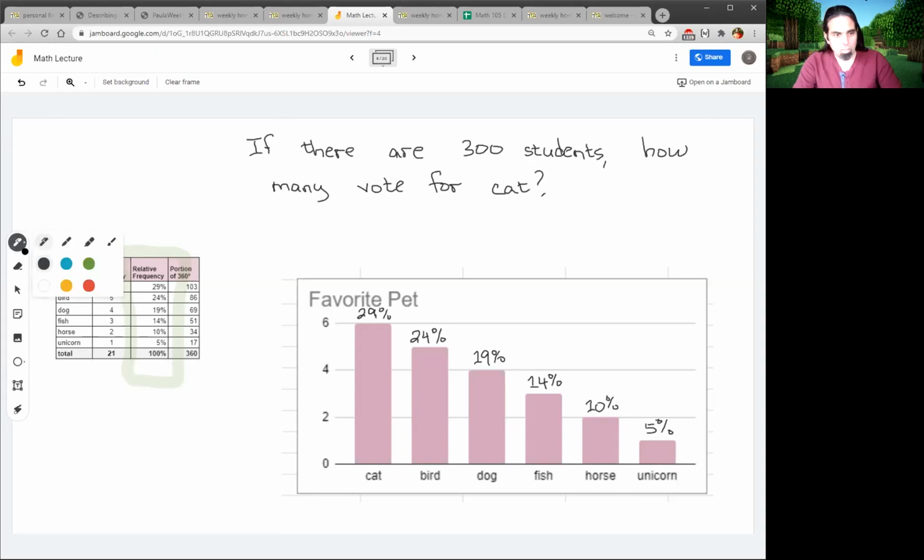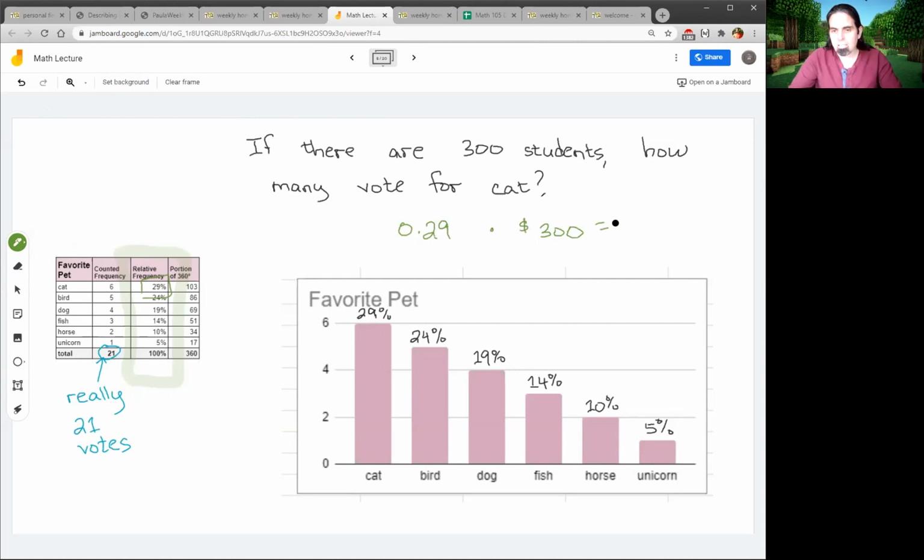Right now, there were 21 students. But if there were 300, if we broadened this up to the whole elementary school, how many would vote for cat? Well, then we could say cat is 29%. So it would be 0.29 times 300, which is going to be awfully close to 90. Does it go down? 87, it does.